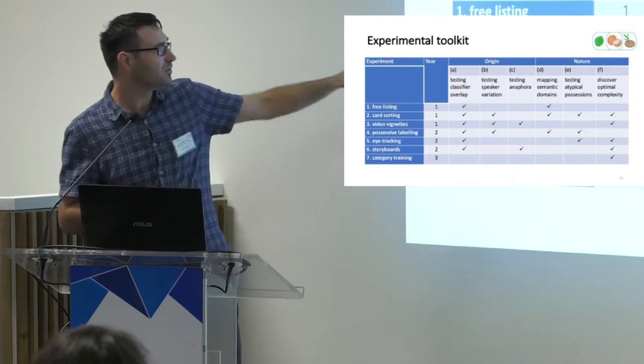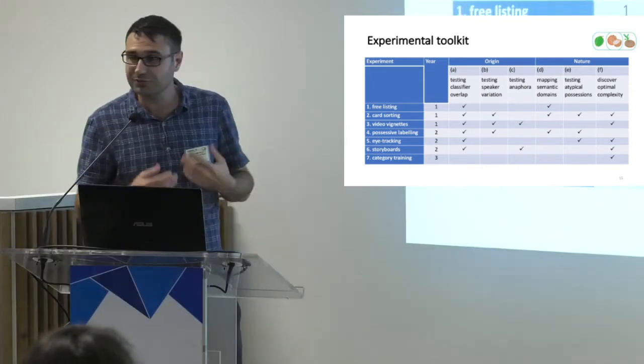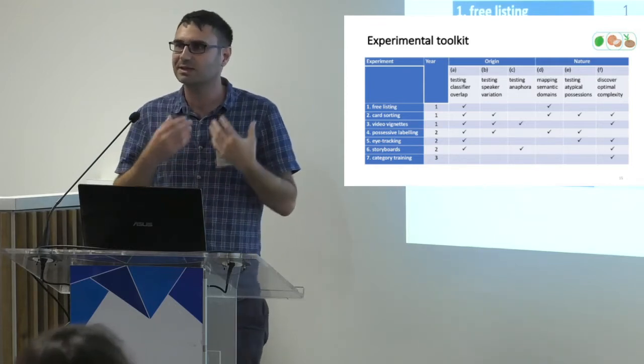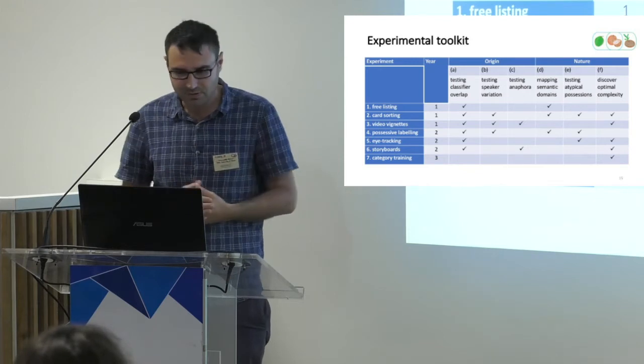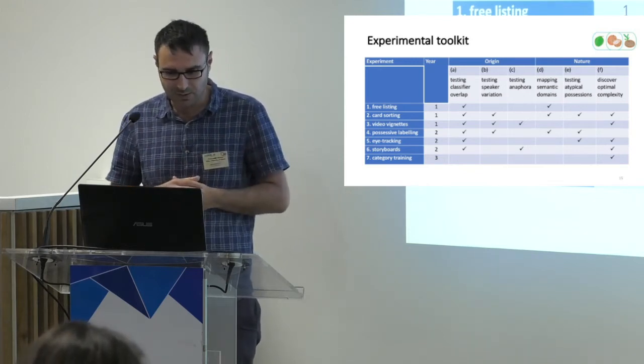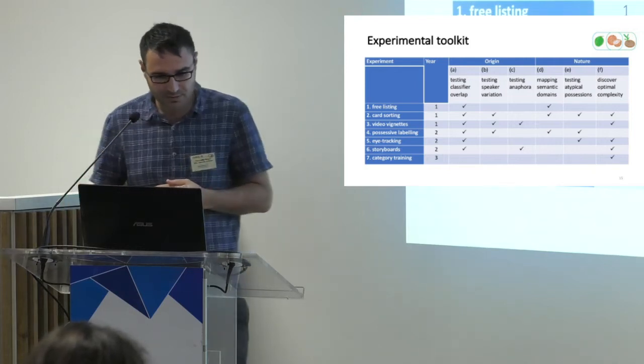So far this year we've tested three different experiments. Free listing, where the participant hears a classifier and gives us a list of nouns that are associated with the classifier. This gives us an idea of what overlaps and what's the most typical noun that occurs with the classifier.